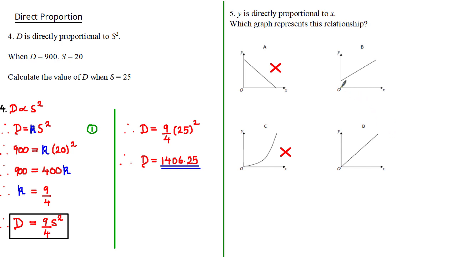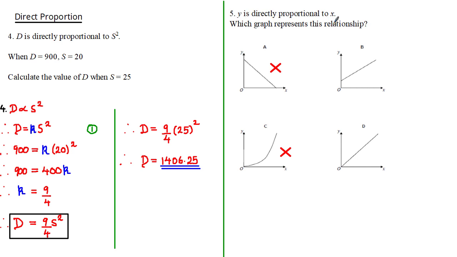Now we can see that both graphs are linear, and as the value of x increases, the value of y increases in both cases, which leaves us with a bit of a dilemma. But using the definition of proportionality and the formula that we derive from it, we can work out which graph represents this relationship.